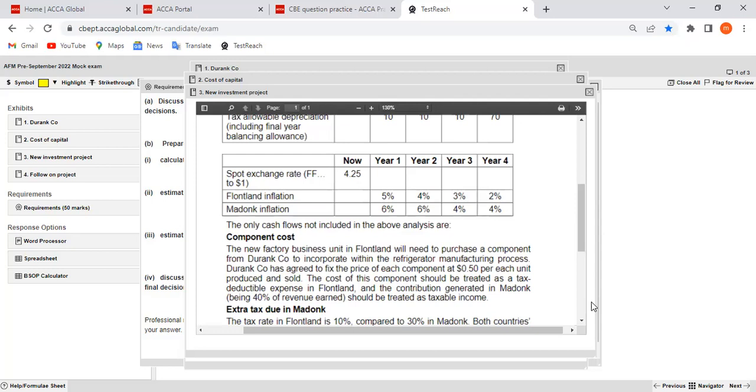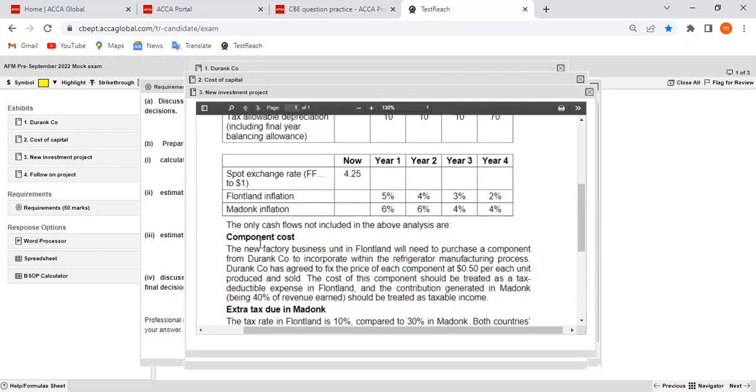The new unit which we are going to open requires a component that has to be purchased from the parent company. D company has agreed to fix the price for each component at 0.50 per unit produced and sold. The cost of the component should be treated as a tax deductible expense in F, and the contribution generated in M, being 40% of the revenue, should be treated as taxable income.